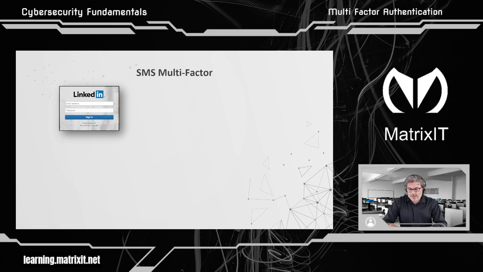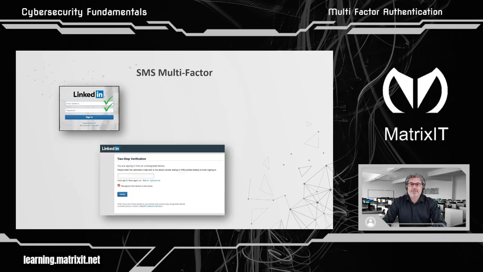So if I go to my LinkedIn and I log in, I'm going to put my email address and my password. It's going to come from my password manager. I put those two things in there, and it's going to say, that's great, you got it right. But you're signing in from an unrecognized device, please enter the verification code.